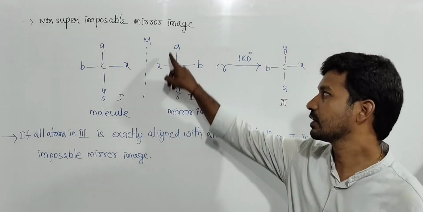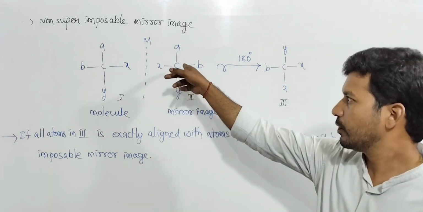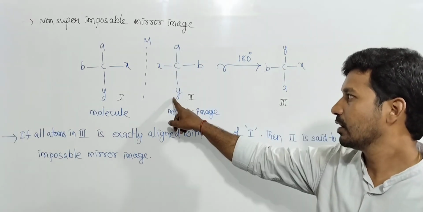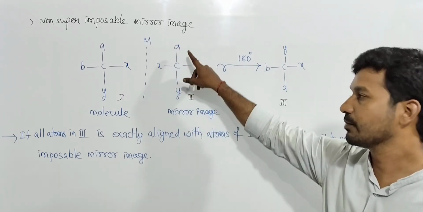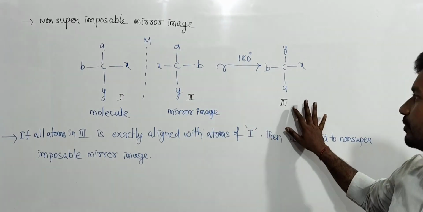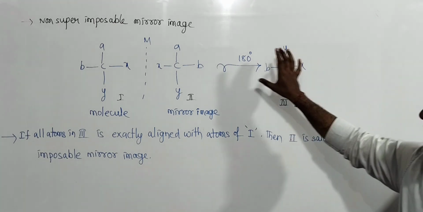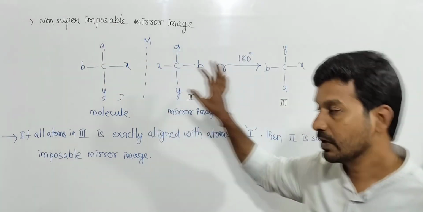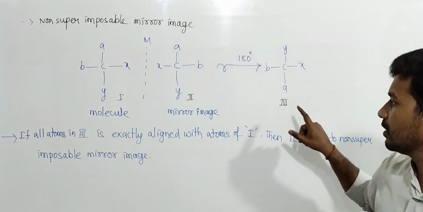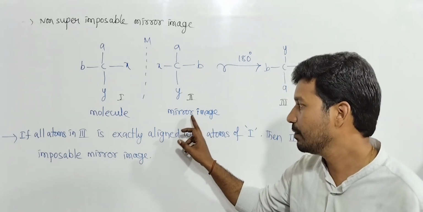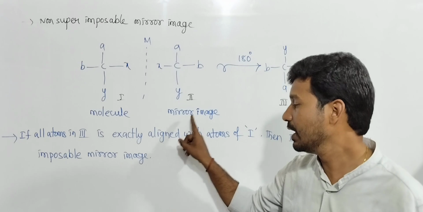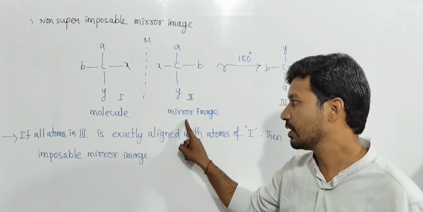Left comes right, right comes left, top comes down, down comes top. Now if you place this one on this one and they are aligned with each other, then this mirror image is said to be a superimposable one; if not, this mirror image is said to be a non-superimposable mirror image.